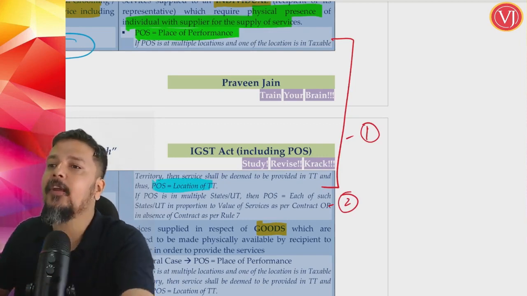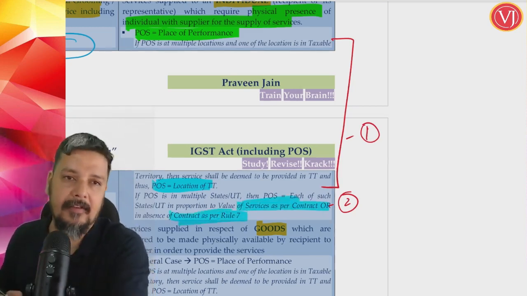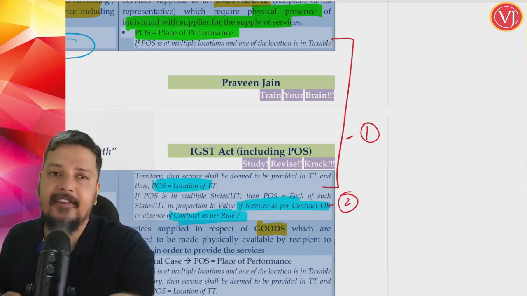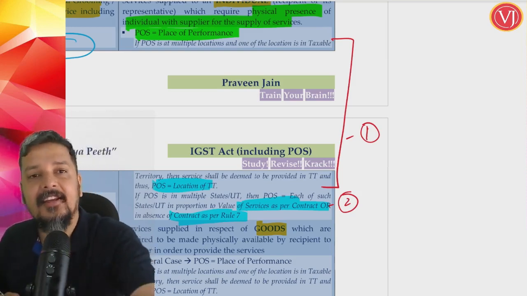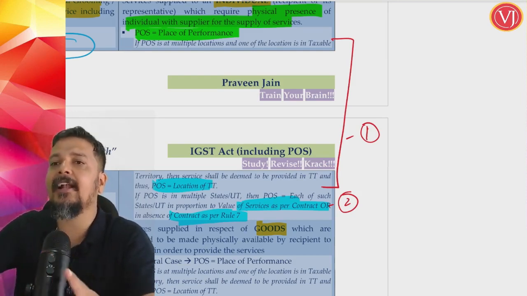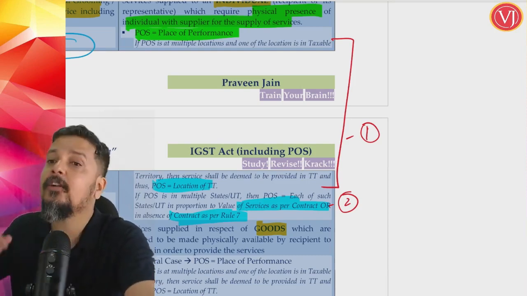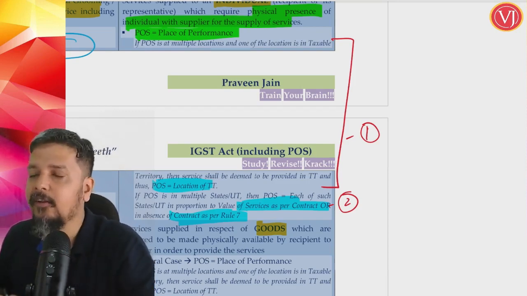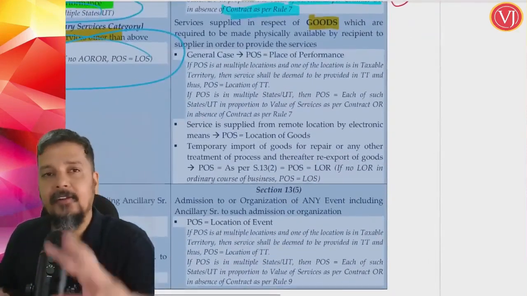Performances can be in multiple states even under Section 12, but there they don't have any rules. In Section 13, if it is partly outside India, partly in India, forget about outside India, focus only on India. They will totally ignore outside India. Within India, multiple answers, go with the contract value split or go with Rule 7. That is all about the individual part.